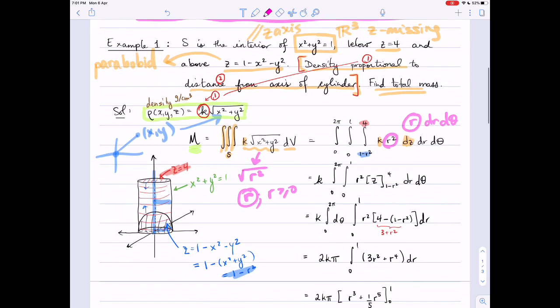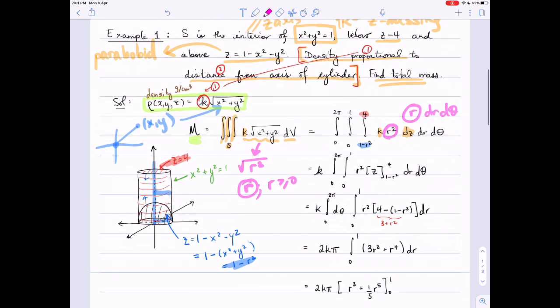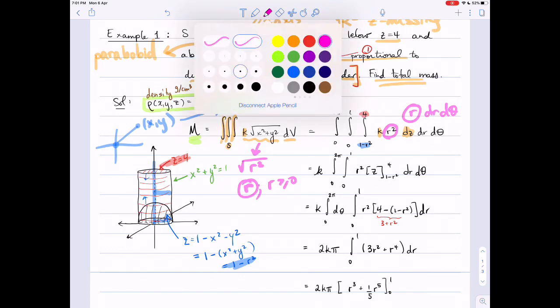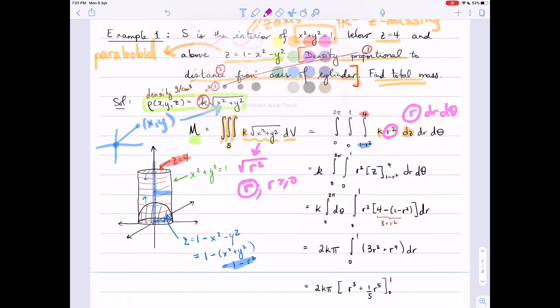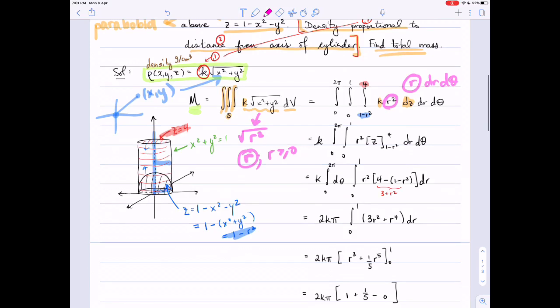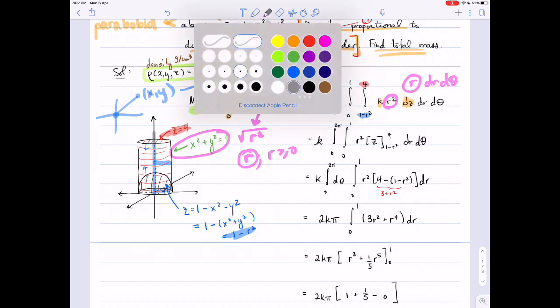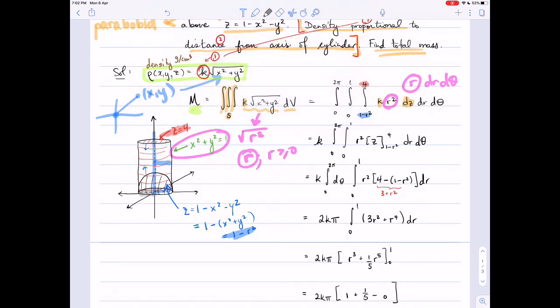And then all we have to do is figure out what the region of integration in the plane is. That's pretty simple. It's this cylinder here. That cylinder is giving us exactly our shadow region in the plane.